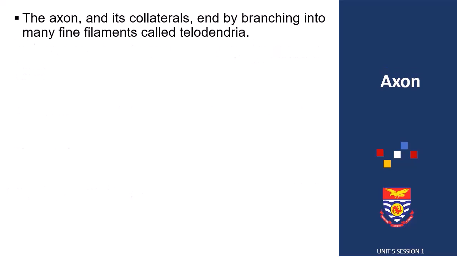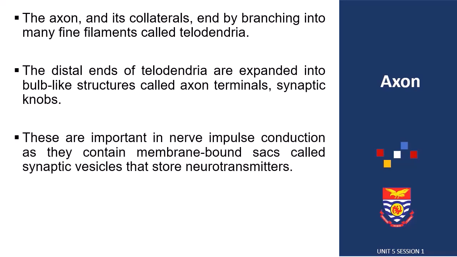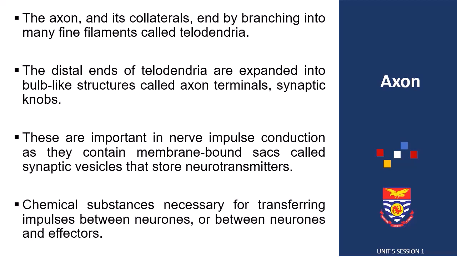The axon and its collaterals end by branching into many fine filaments called telodendria, and these are at the distal ends and expand into bulb-like structures called axon terminals or synaptic knobs. These knobs are important in nerve impulse conduction because they contain membrane-bound sacs called synaptic vesicles, and these vesicles store neurotransmitters.